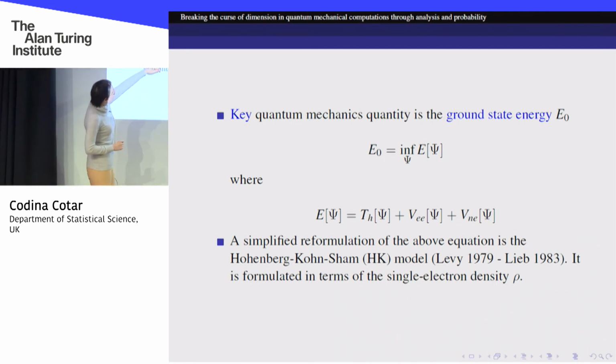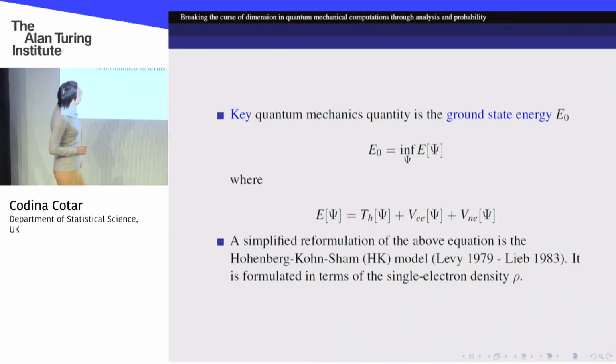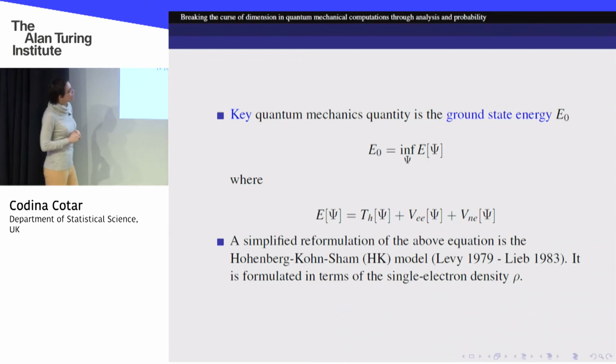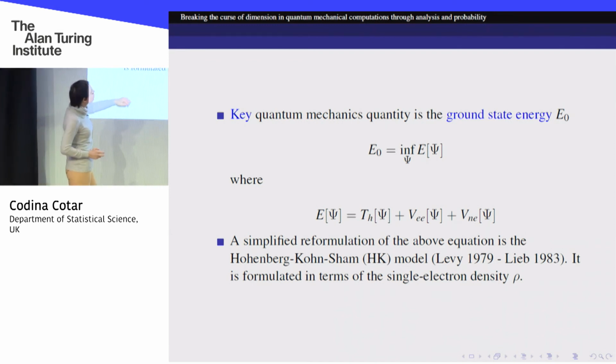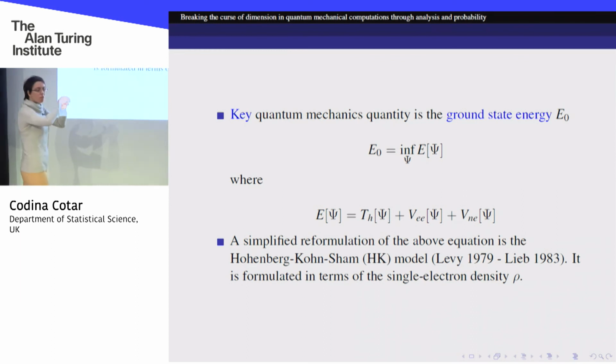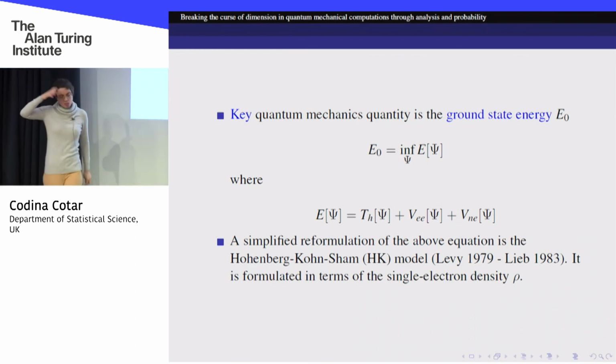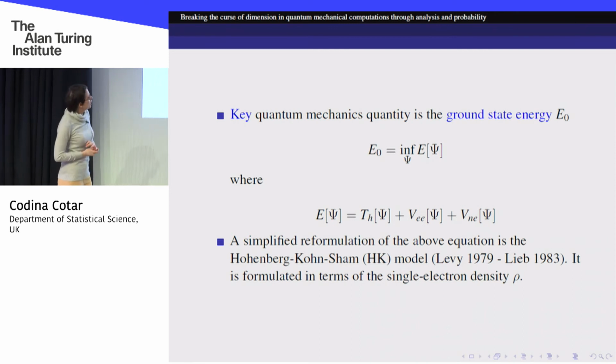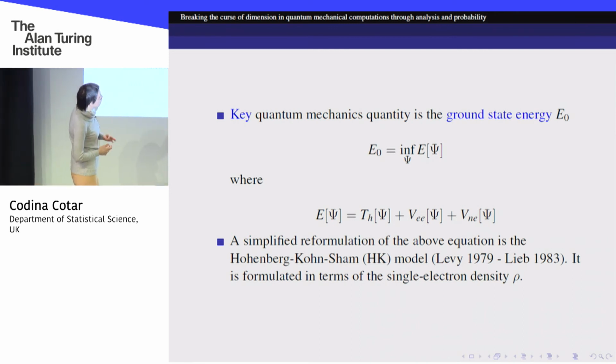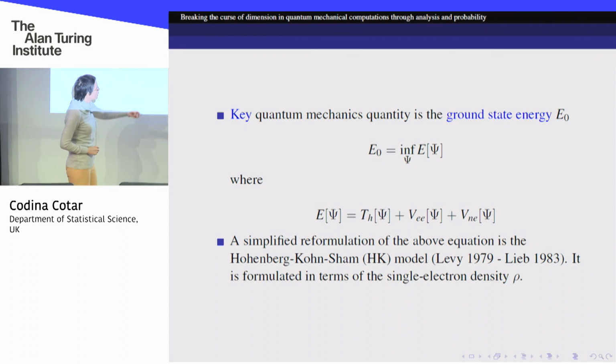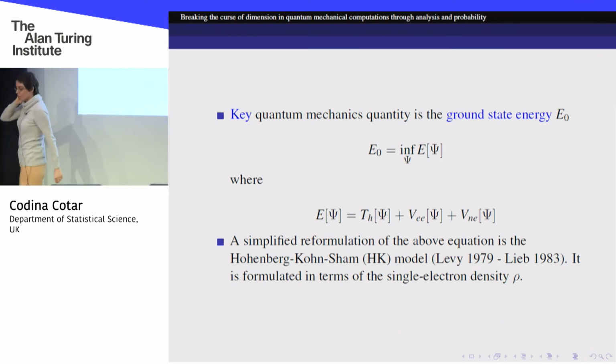What Levy and Lieb did was reformulate it in terms of the single electron density rho. So instead of writing the infimum over the wave function, which lives on the big R^{3n} space, they rewrote it in a pretty form so that it looks like the infimum is just over rho, which lives in R^3.